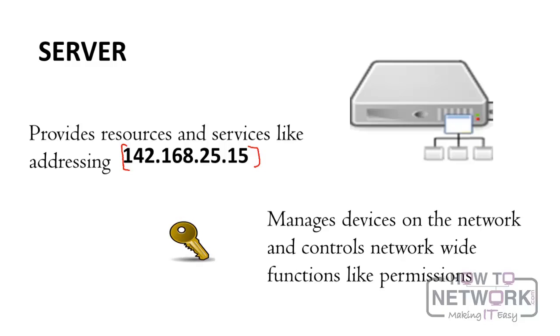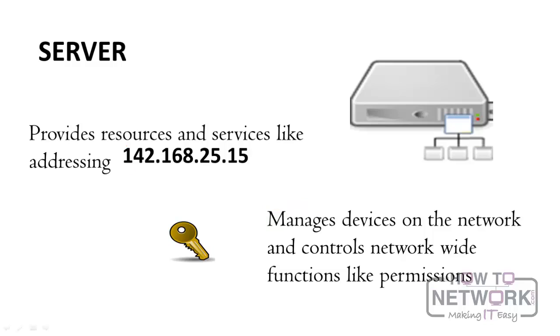So not only is it going to give all our clients, all the other nodes, addresses that allow them to communicate, it's also going to manage how those devices communicate and what they're allowed to do, which is what we call permissions. All right. Now, you can see that the server is a type of node, but I just want to describe the server. We're going to talk about some of the other devices in just a moment.